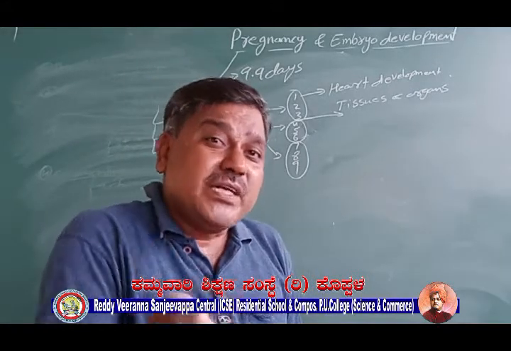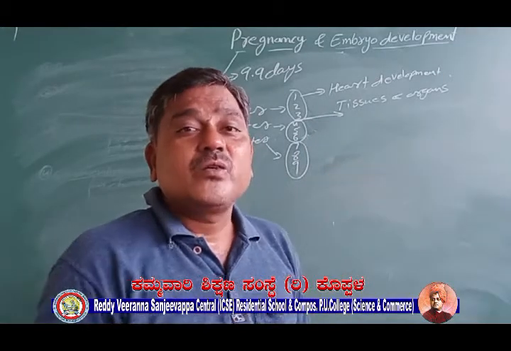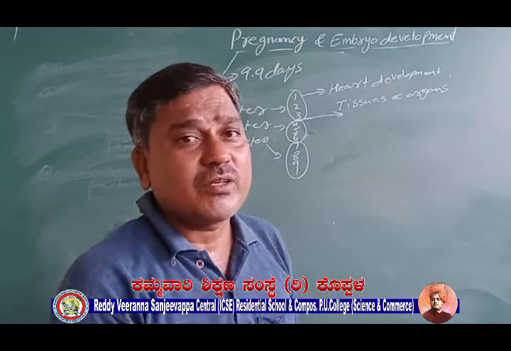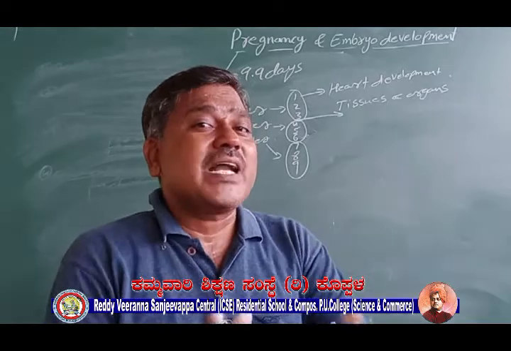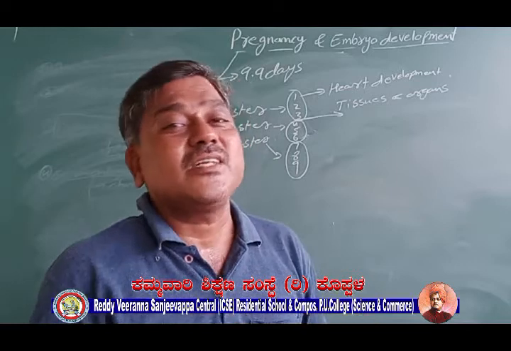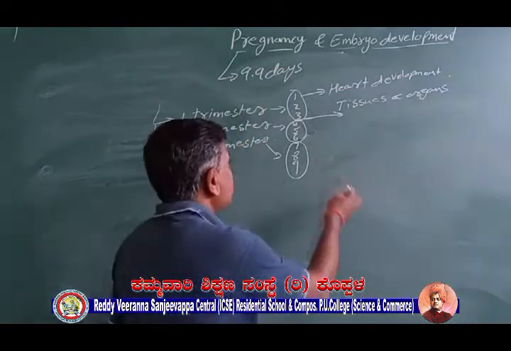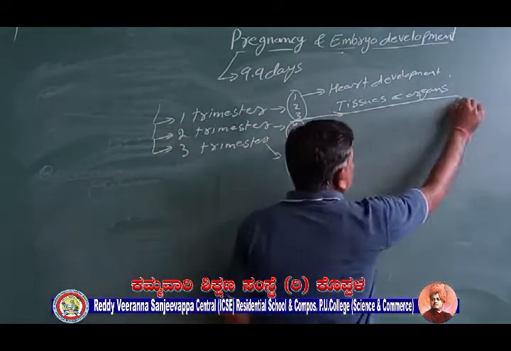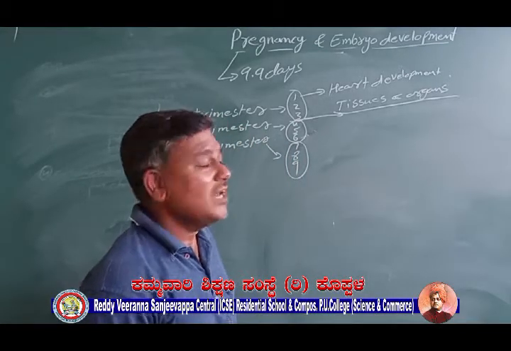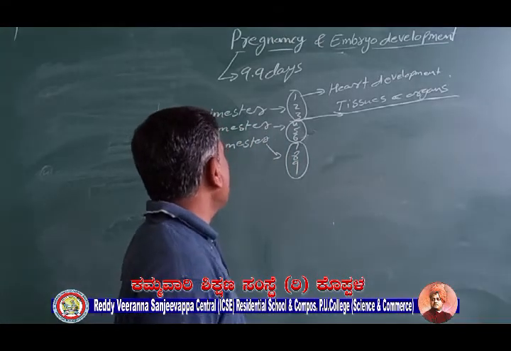Abortion is completed before 3 months. Why? Total organs are not formed in the fetus. That's why we can go for that. But after 3 months, we are unable to go for abortion because there is high risk to the mother. That means up to third month, total tissues and organ systems are formed.